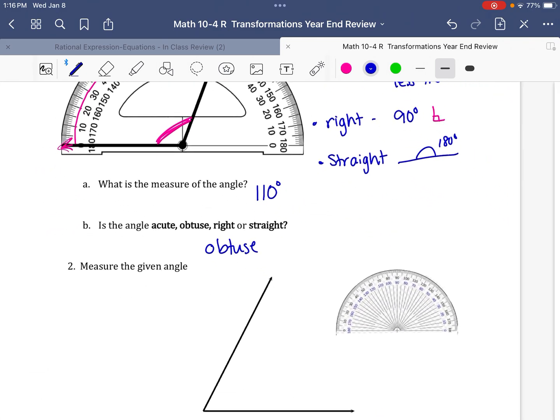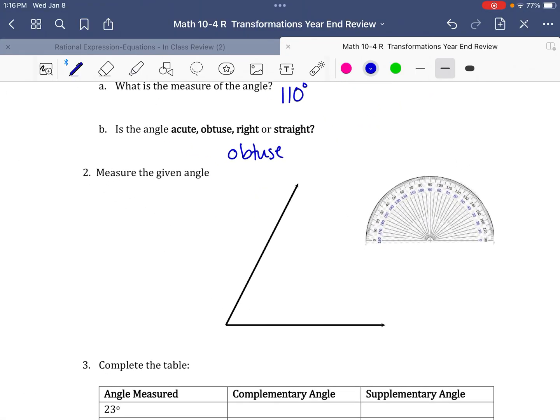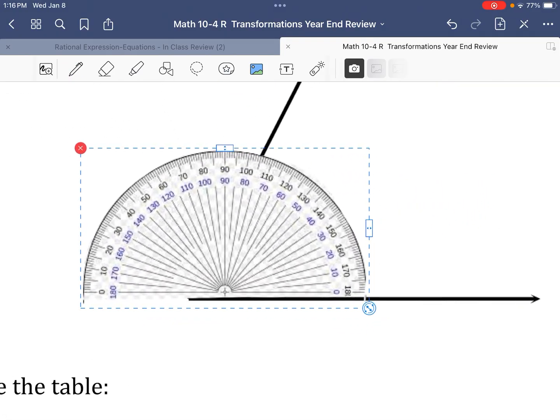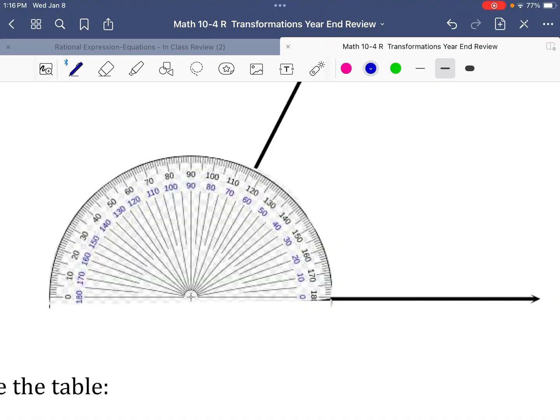Now, you should have the protractors in your room, but if you recall how to use the protractors, you take the protractor and you want to line up that little center point with where the angle is, okay? And this angle in particular is going at that sort of angle there.